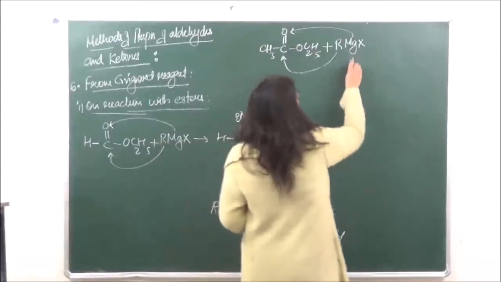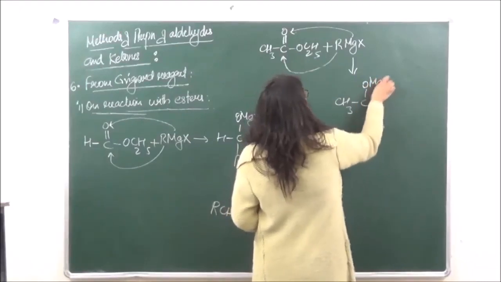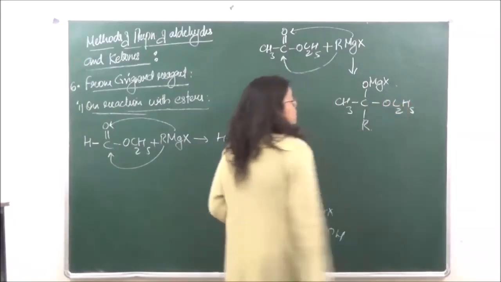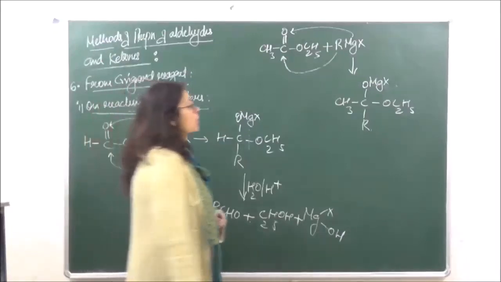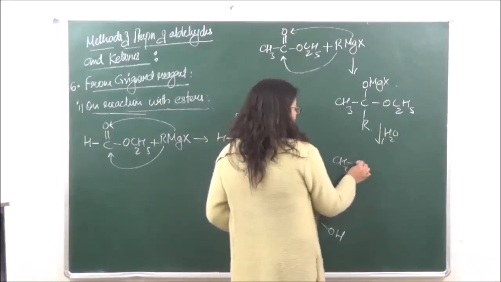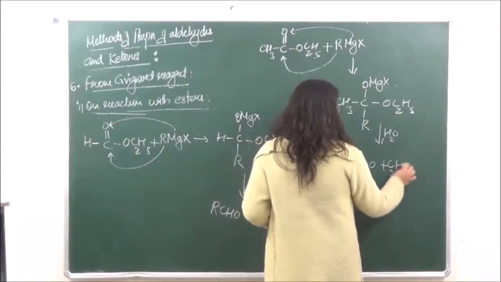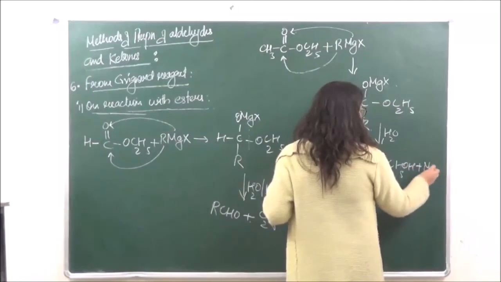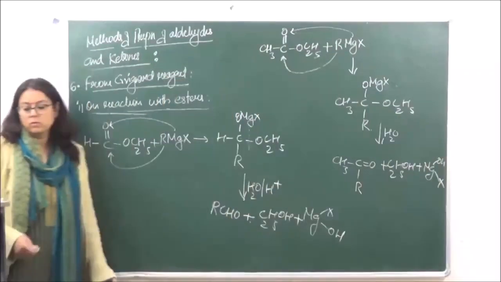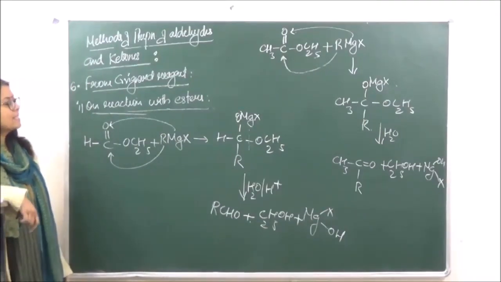Okay, so the addition product which we are going to get over here is, okay, on hydrolysis we will get a ketone plus. Is it clear? So the mechanism is going to be same.